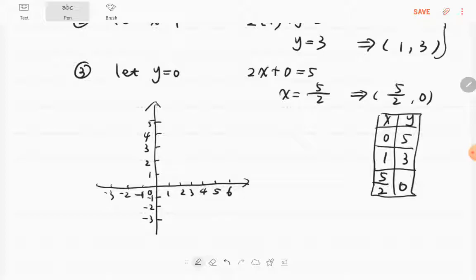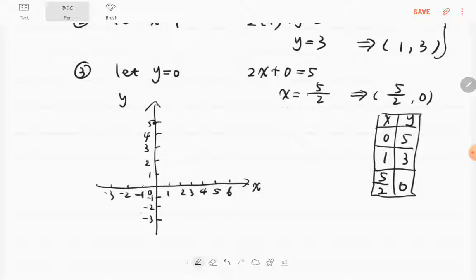Let's see the first one, (0, 5). So here, x will be 0 and y will be 5. So it's just on the y-axis. So this is the first point.